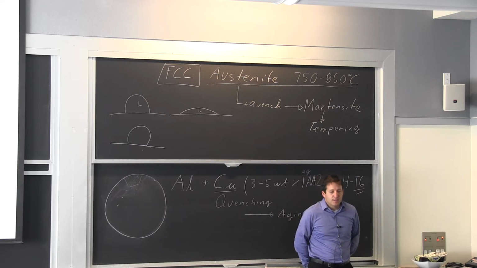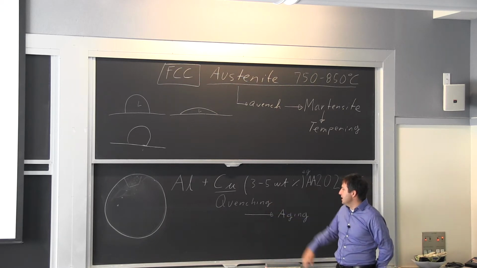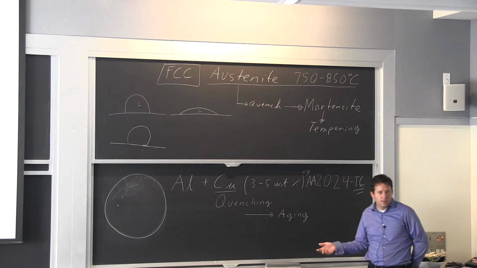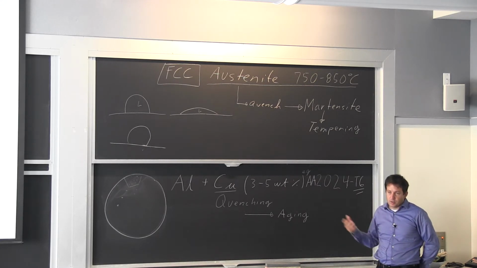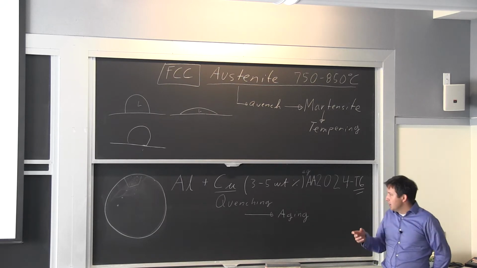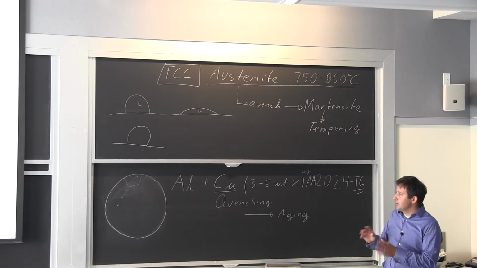So it seems like a lot of work, but the reality is for aluminum, we're only talking about heating it up and quenching it, sometimes in oil, and that's enough. Nothing happens, and then you age it at low temperature to develop that strength. It's really worthwhile. The reason it works is you prevent the microstructure from following the phase diagram.